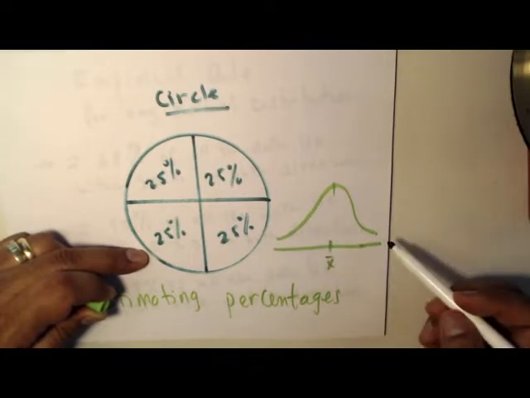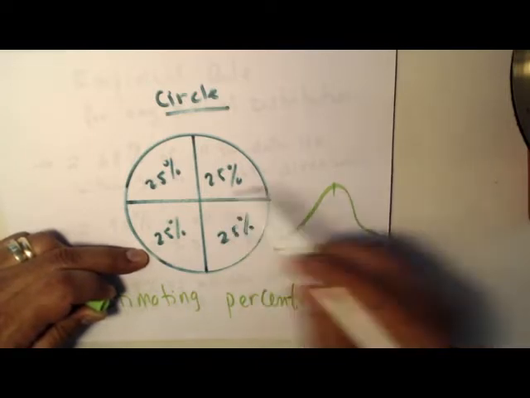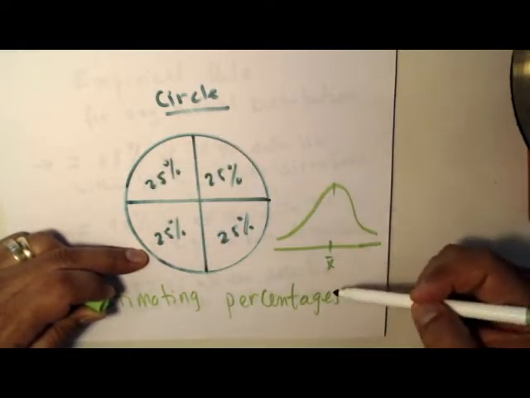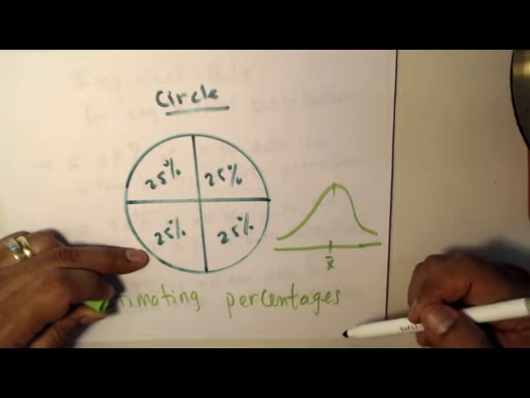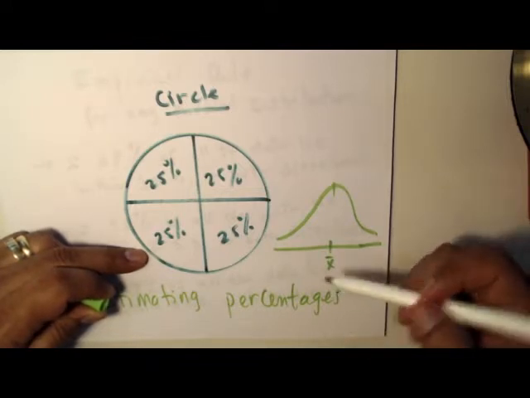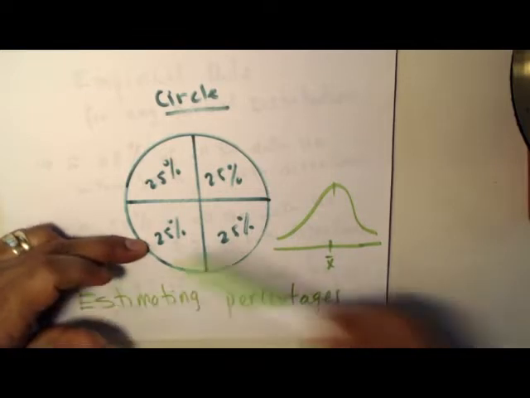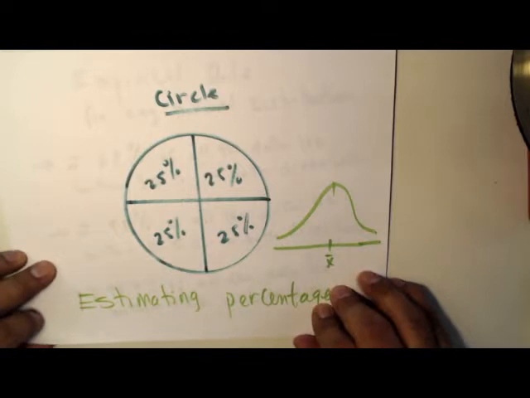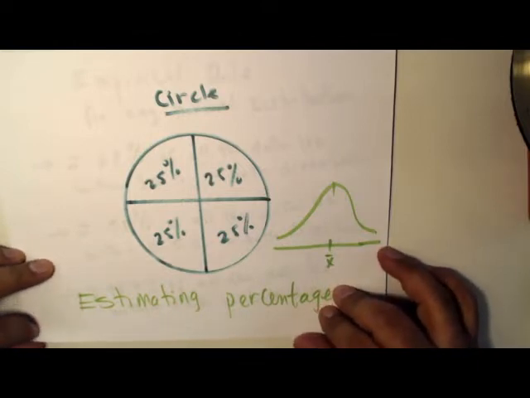So the question is, how do we divide this one? It's not as simple as the circle. So for that, we're going to be talking about the empirical rule. And the empirical rule is something that you have to memorize and remember in order to do calculations.